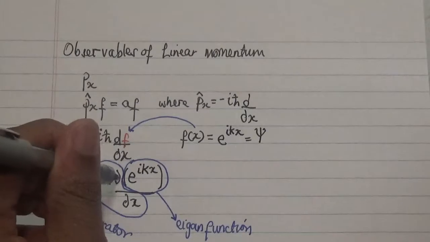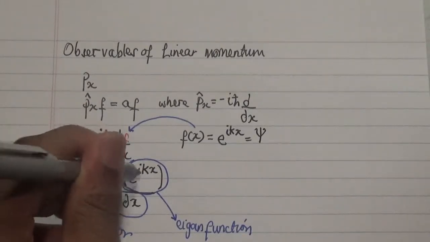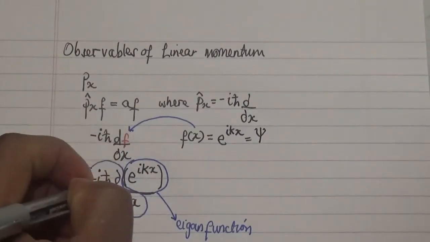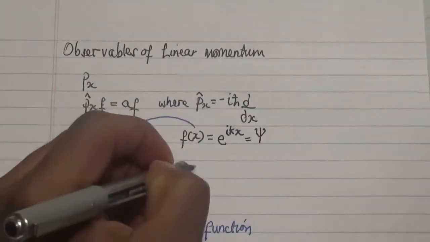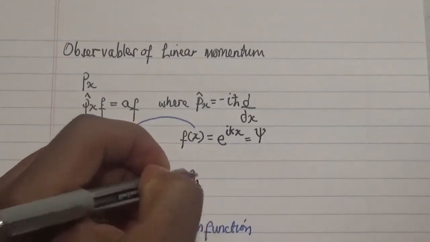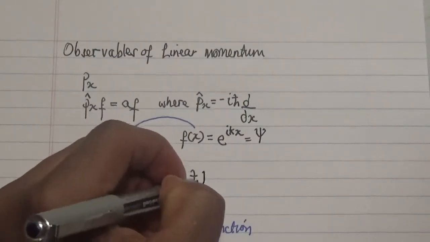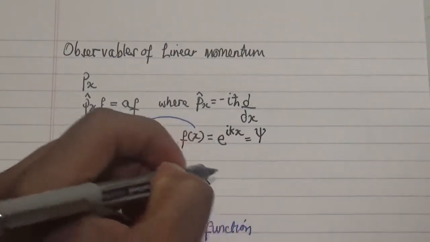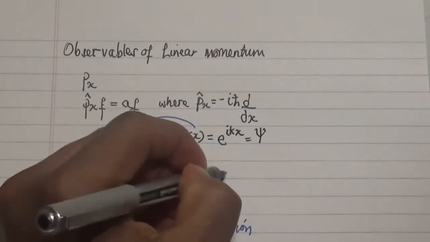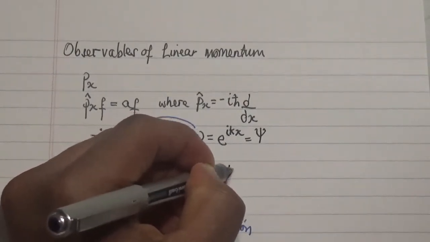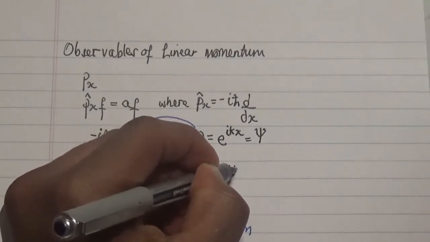If we perform the first derivative of this inner function, what we get is h bar multiplied by k, all in brackets, multiplied by our original function.